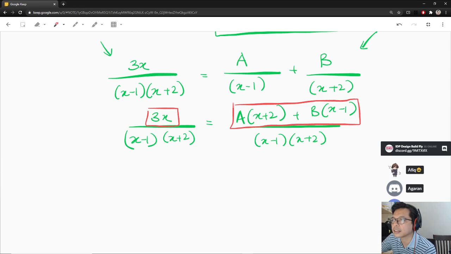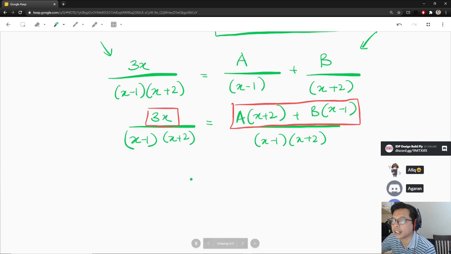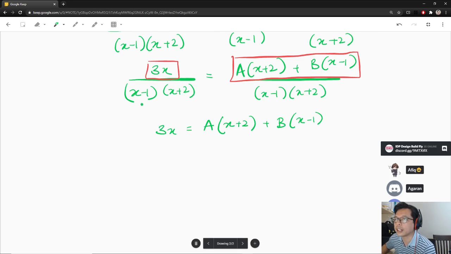Yes? So I can rewrite that again in this form: 3x is equivalent to a(x plus 2) plus b(x minus 1). I can ignore the thing down here because it's the same, so I can just equate the top.